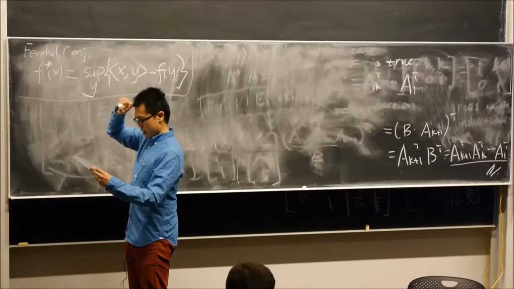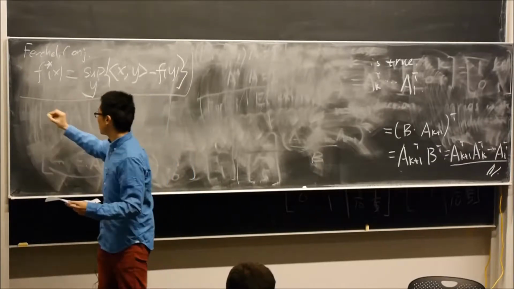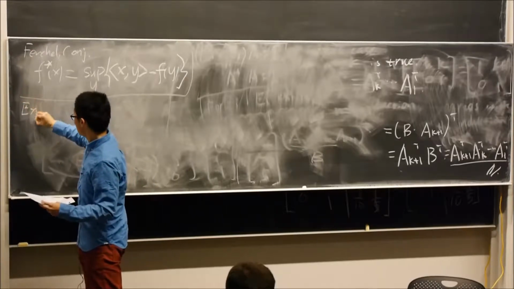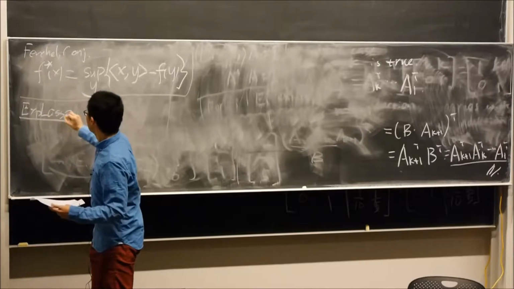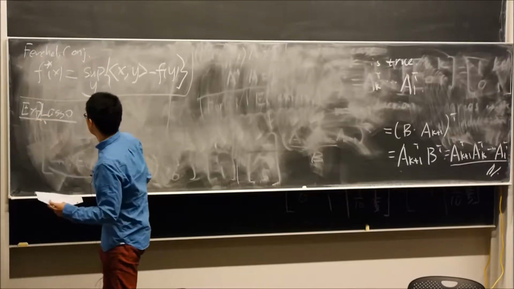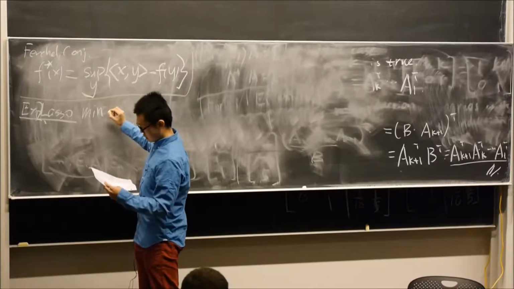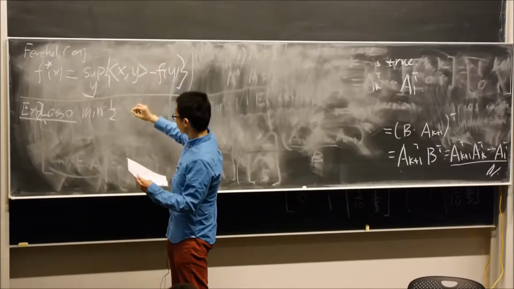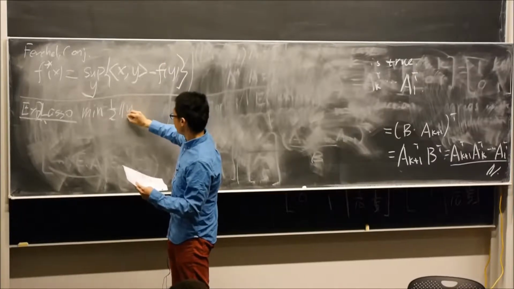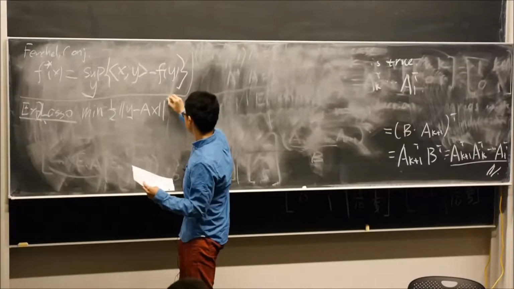So let's see which example I want to cover. Let's just do lasso since everybody loves lasso. The unconstrained version of lasso minimizes this function.